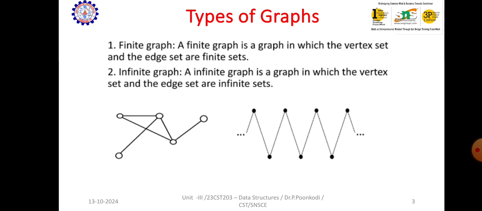We can call it an infinite set. Okay. While we are going to the finite graph, we will have a finite set of edges. We can say that if I have 4 vertices, there is a possibility of 6 edges. But when I come to the infinite graph, we can't say the number of edges.